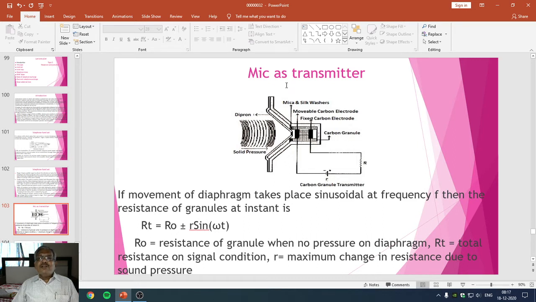All these combined establish a unit known as the telephone handset.